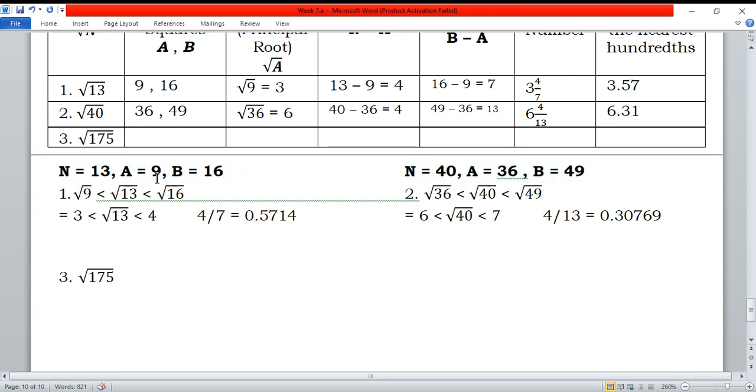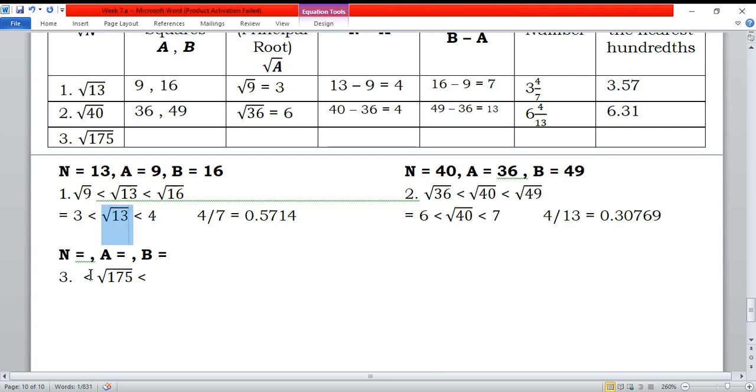Kunin natin yung N, A, tsaka B niya. Okay. N, A, tsaka B. Okay, yan. The square root of 175. Greater than siya sa nasa kaliwa, pero less than naman siya ng nasa kanan. Okay.